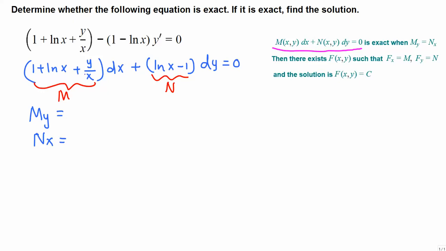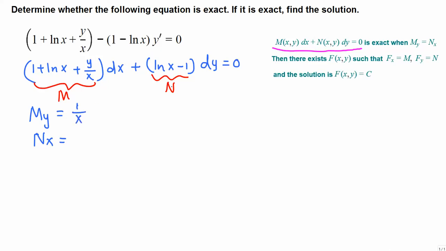Okay, let's find the derivative of M with respect to y. In this case, x is constant, so 1 is constant, derivative is 0. Natural log of x, a function of x, is also constant, 0, plus 0, plus x is constant, so 1 over x is constant, derivative of y is 1, so this is 1 over x.